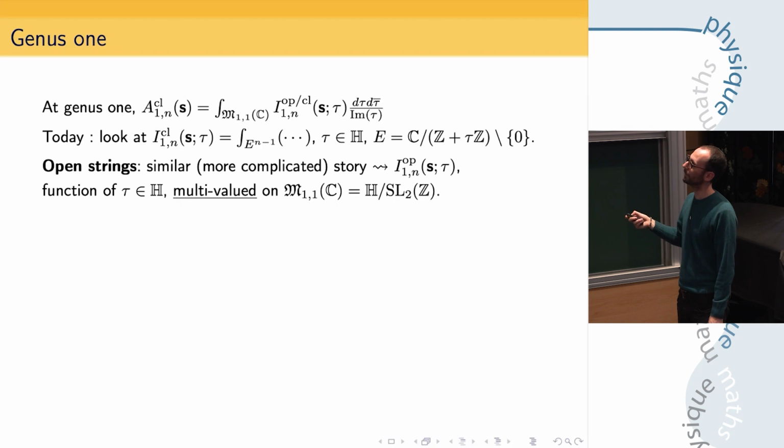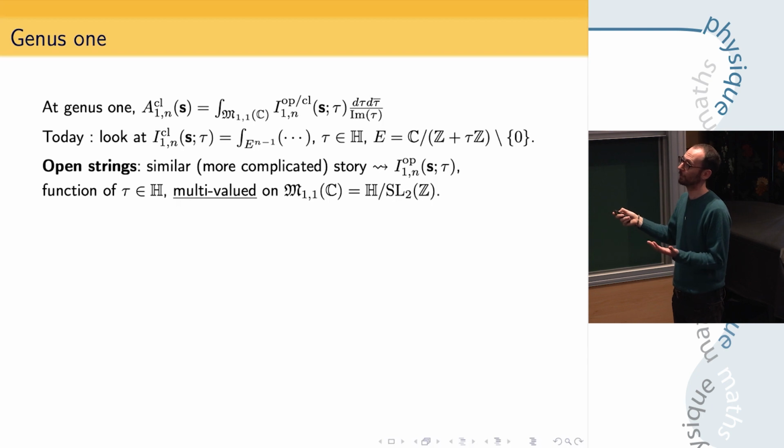But the important difference is that whereas this is obviously a single valued function on the moduli space, because you integrate over the moduli space with respect to this invariant metric, so probably this dtau should be squared. So anyway, this is a single valued function, because otherwise this integral doesn't make sense. It's defined on H, but it descends to the quotient H over SL2Z.